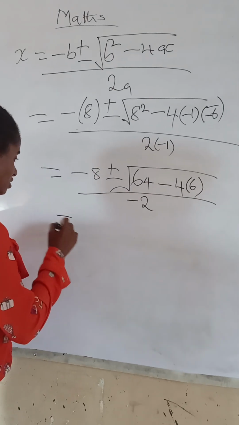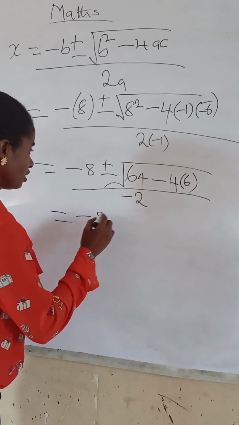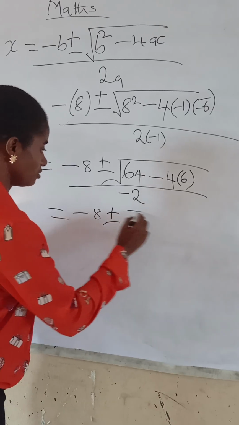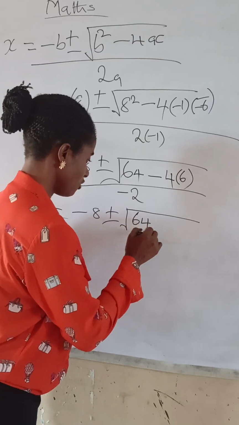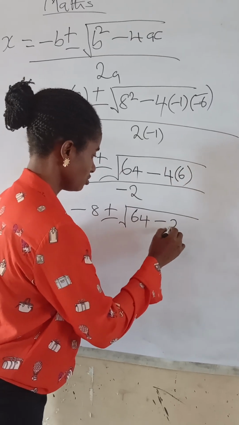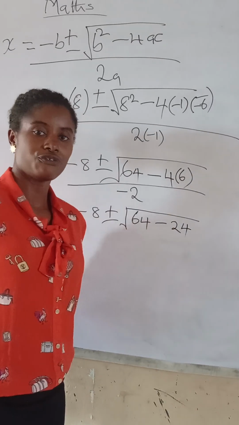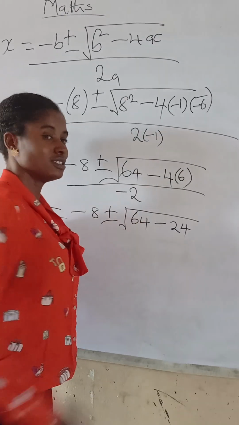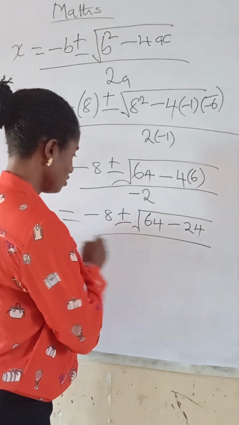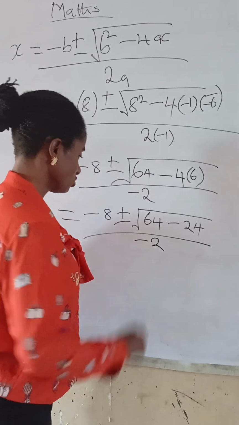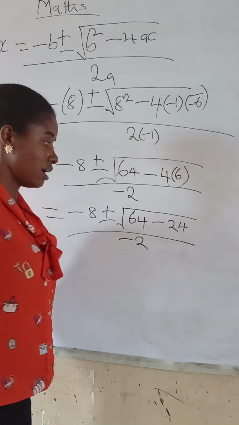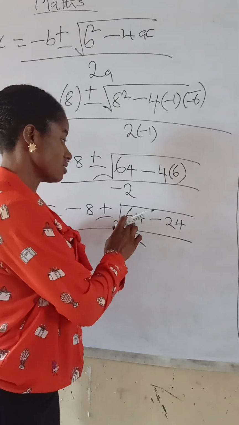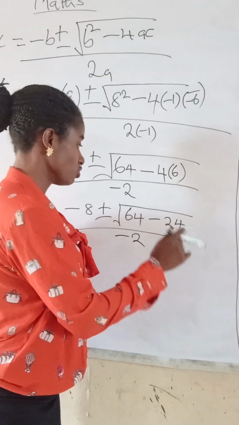We proceed to the next step. We have minus 8 plus or minus the root of 64 minus 24. 4 times 6 is 24, divided by minus 2. So from here, we are going to subtract 24 from 64.